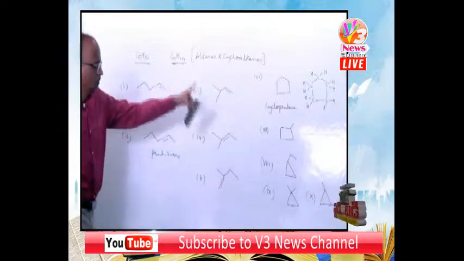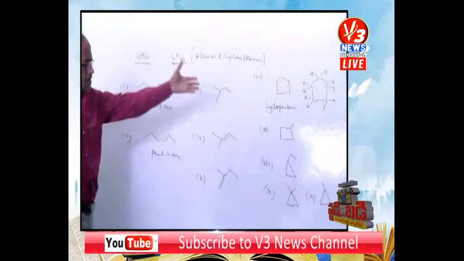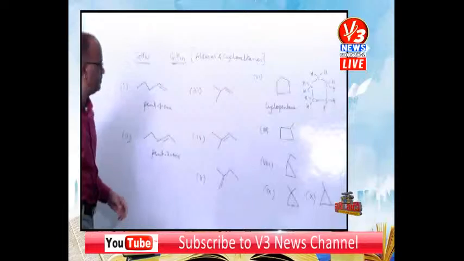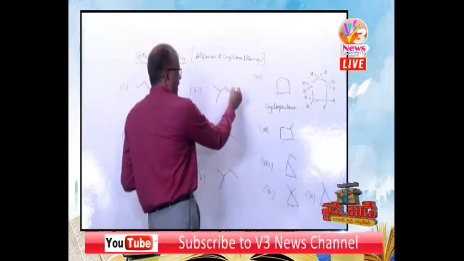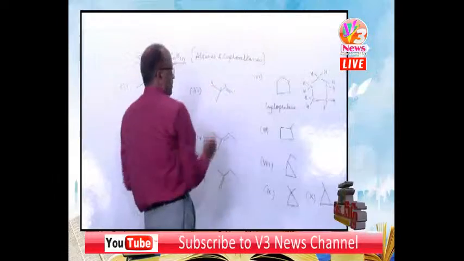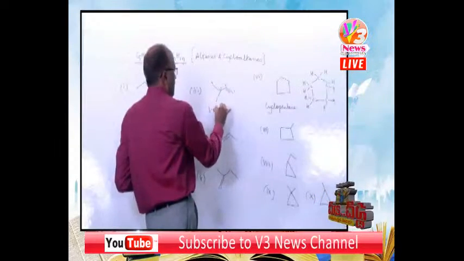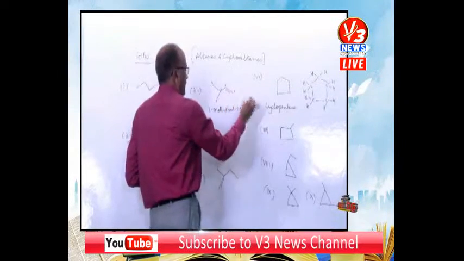Now including ring isomers, total how many are possible? 10 structures are possible. So pent-1-ene, pent-2-ene. Now if we take IUPAC name of this one, 1, 2, 3, 4. What is this one? 3-methylbut-1-ene.